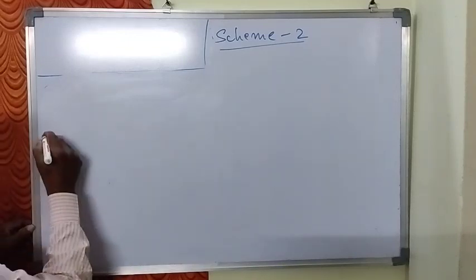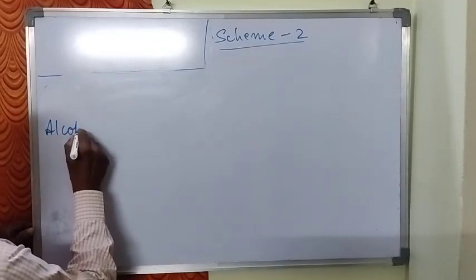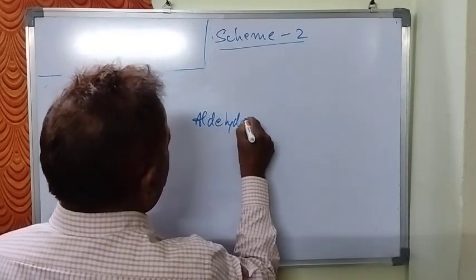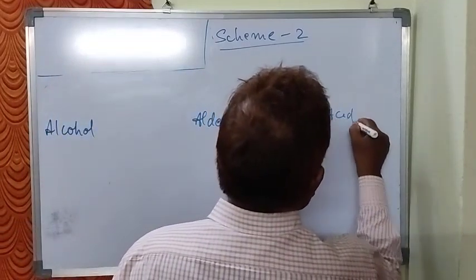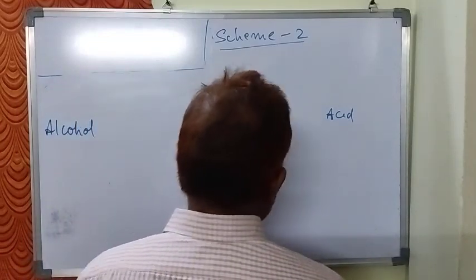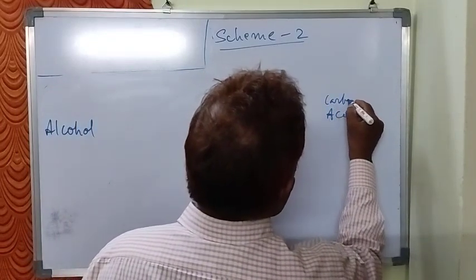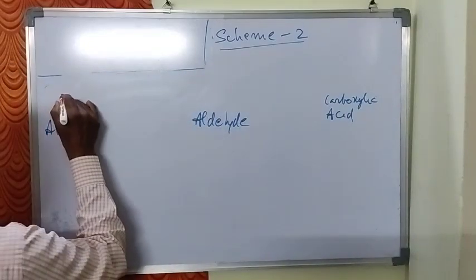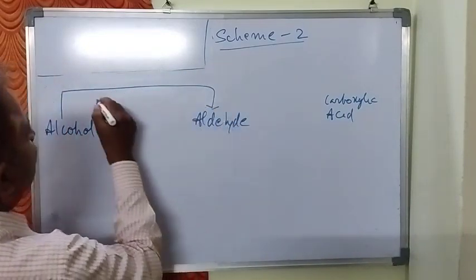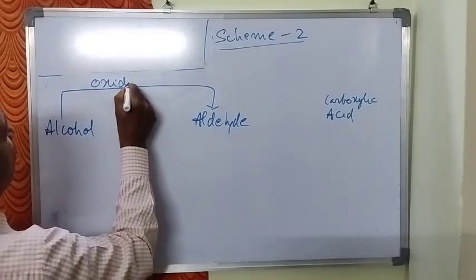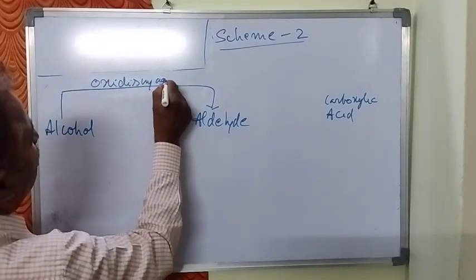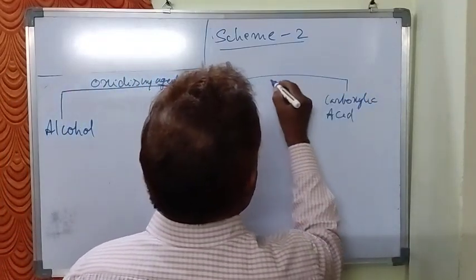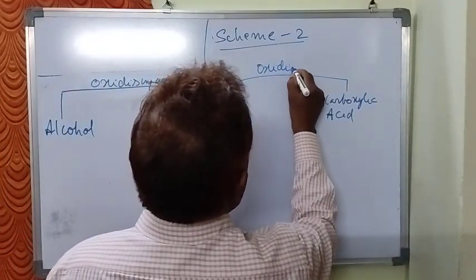In this, alcohol, aldehyde and acid. Acid means carboxylic acid. From alcohol to aldehyde, this is an oxidizing agent, and from aldehyde to acid, here also an oxidizing agent.